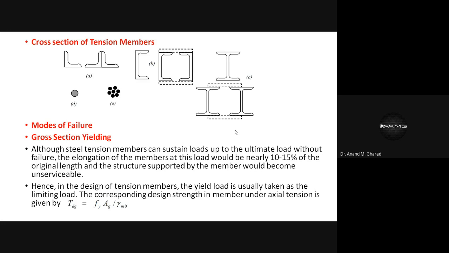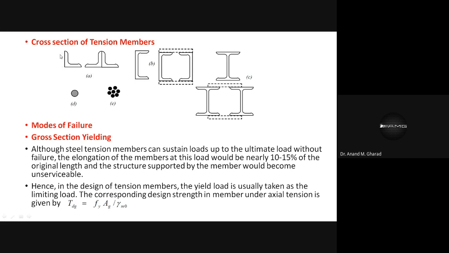Have you understood this statement, what it is trying to speak about? Take the example of an angle section without any hole or bolt connection. If this angle section is tested for tension, that is, it is pulled at one end, what will it exhibit?